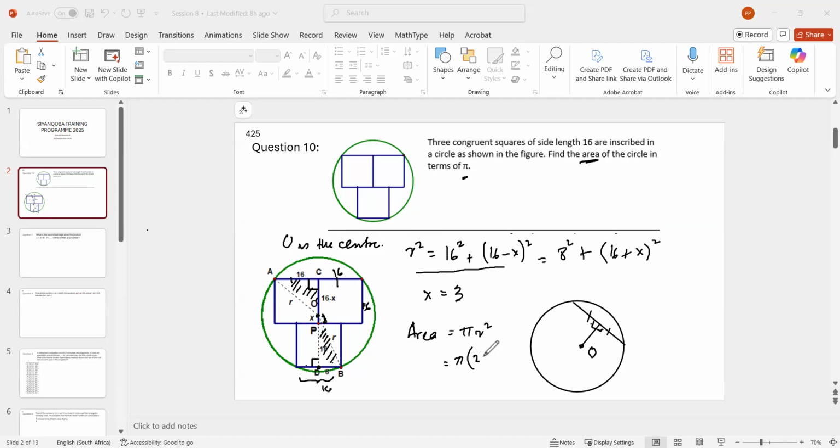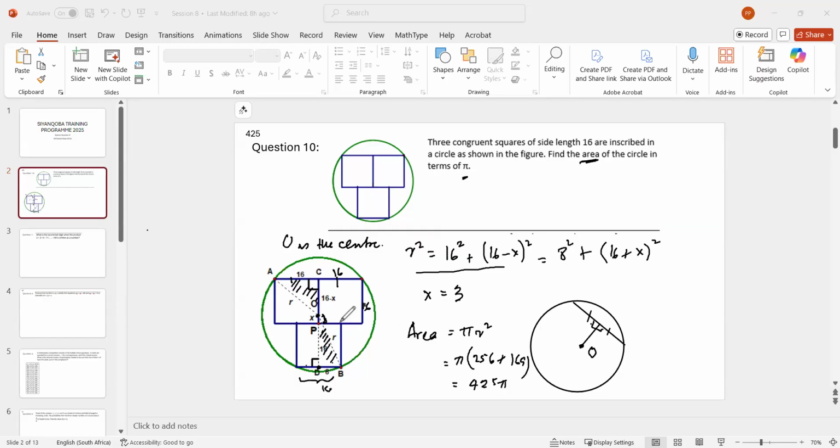That is 16 squared, which is 256. And if I put x equals 3 here, you get 13 squared, which is 169. So pi r squared is pi times 256 plus 169, and that is 425 pi. So the area of the circle is 425 pi.